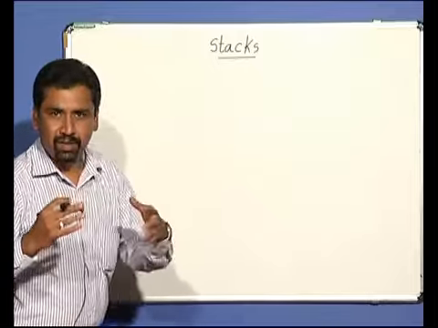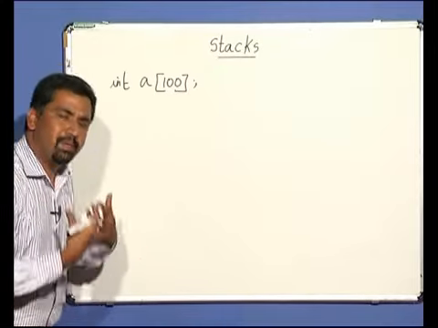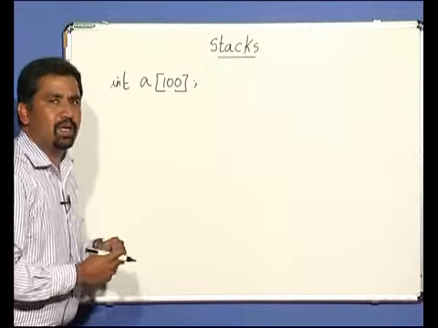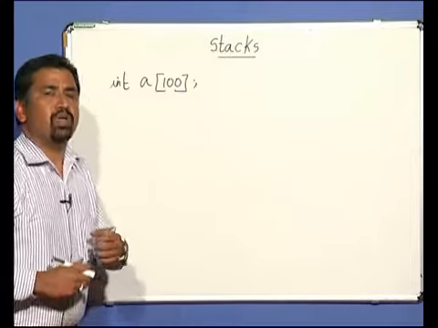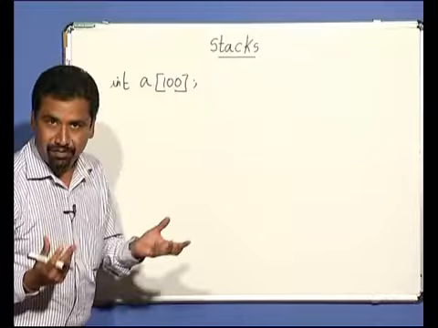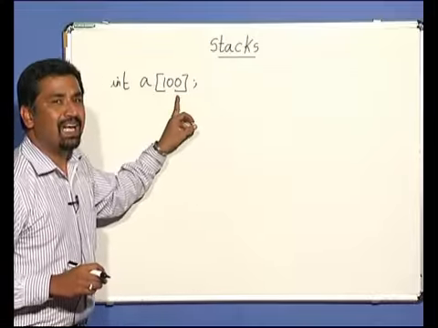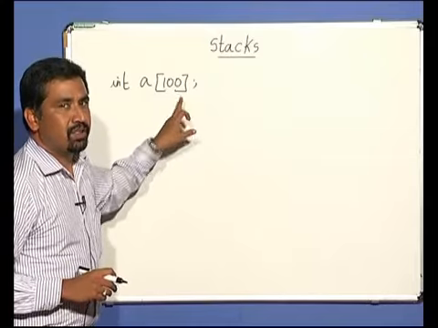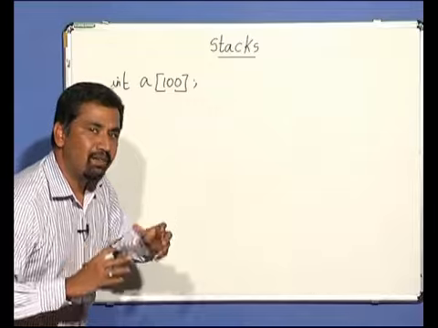So for that we need to declare an array first. Assume that I am dealing with a stack of integers. So when you are dealing with a stack of integers, I will go with an array of integers. If you have a stack of characters, you will have to declare an array of characters.